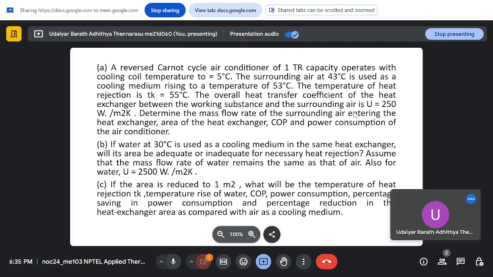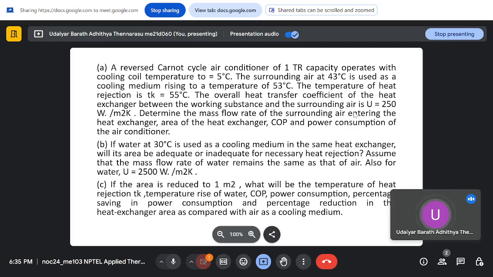The overall heat transfer coefficient of the heat exchanger between the working substance and the surrounding air is 250 watt per meter square Kelvin. Determine the mass flow rate of the surrounding air entering the heat exchanger, the area of the heat exchanger, COP and power consumption of the air conditioner.